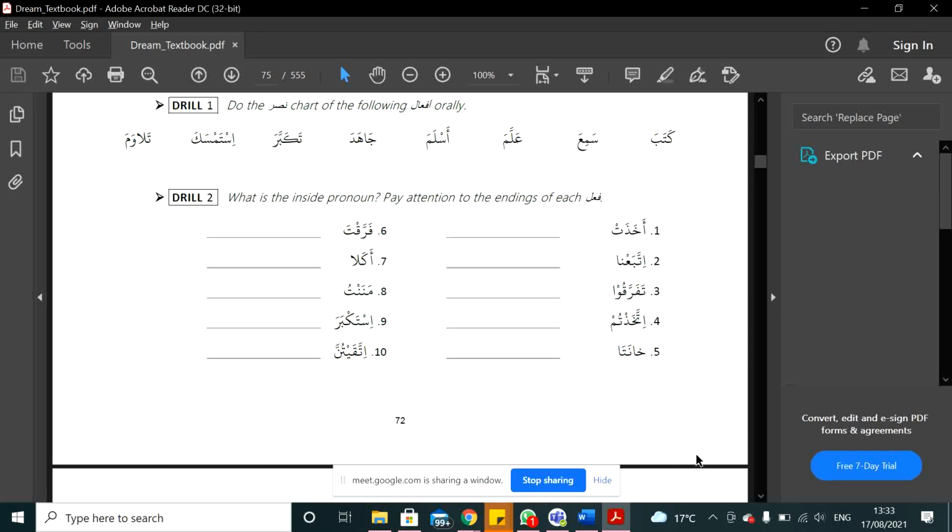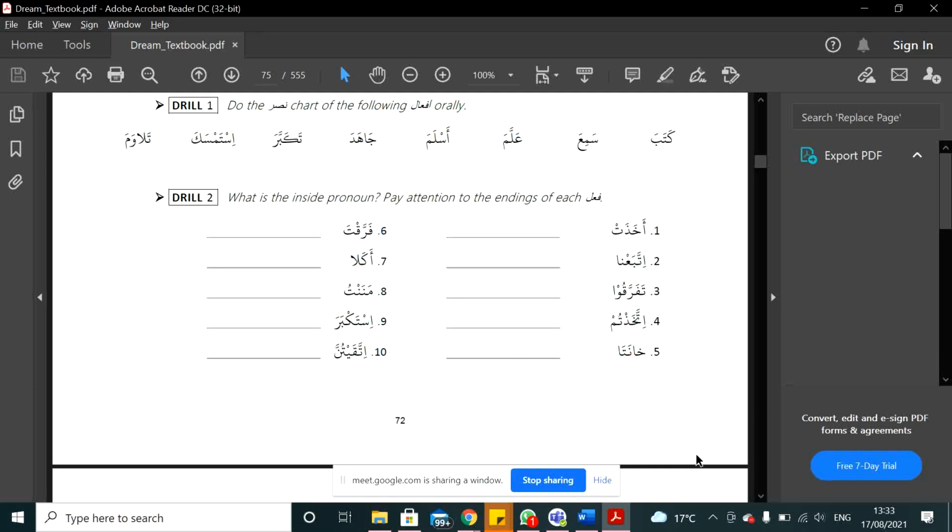Sister Habiba, khanata. Khana means to betray. So give me khanata. Huwa khana. Huma khana. Hum khanu.